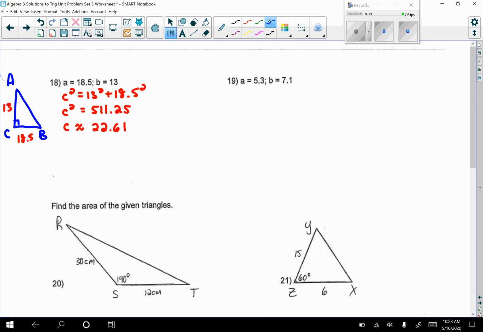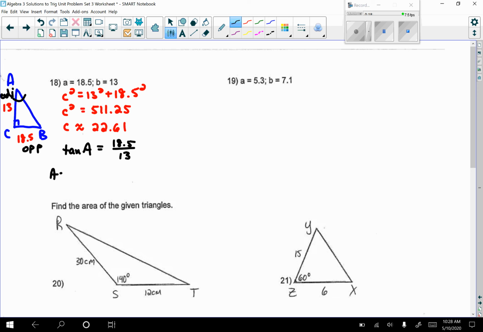22.61. Now I'm going to base this off of, let's do angle A. Again, I'm going to do tangent here. I want to use these two values, so we have opposite and then adjacent over here. So I'm going to say tangent of angle A is going to be 18.5 over 13.